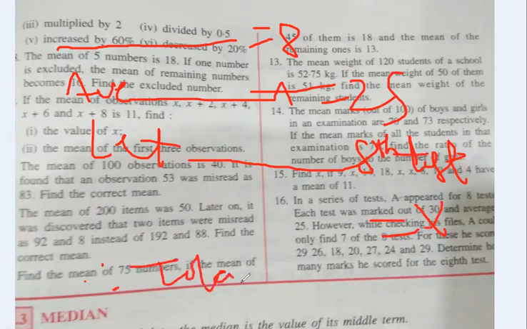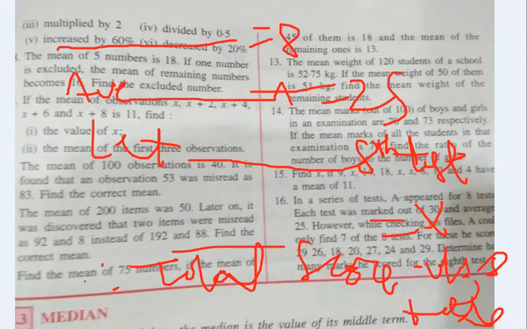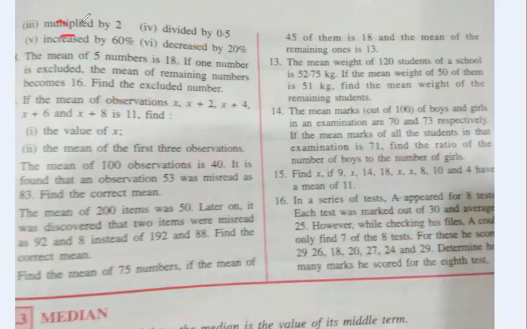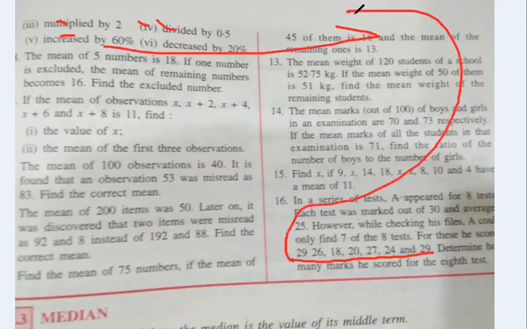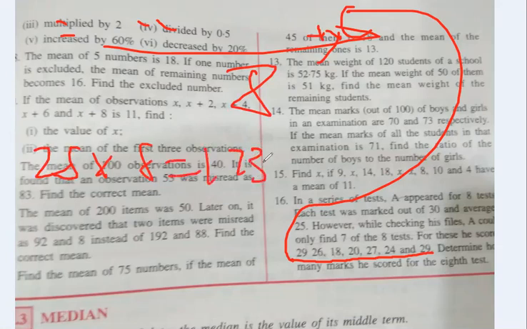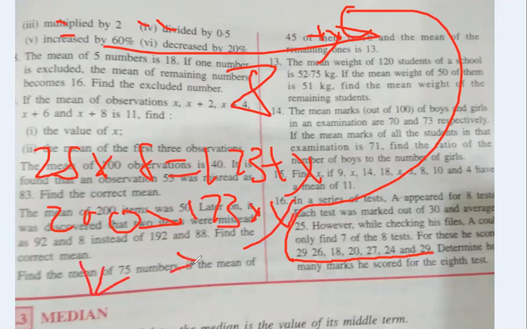Therefore, total score of 8 tests is equal to, write all these terms, 29, 26, 18, 20, 27, 20, this sums here, plus X by 8. 25 into 8 is equal to 173 plus X. 200 is equal to 173 plus X. X is equal to 200 minus 173.